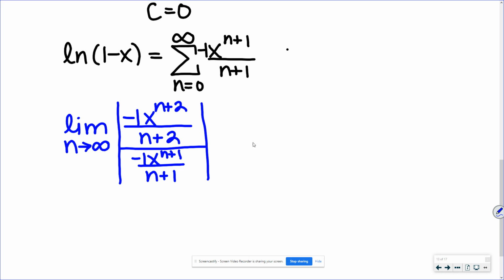Okay, I think I got everything set up correctly. I'm going to go ahead and do my outer inner and my decomposing step. My -1s are going to go away because of the absolute value.